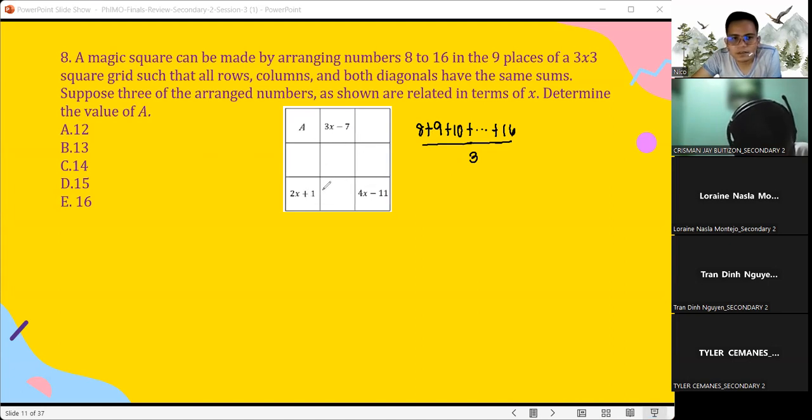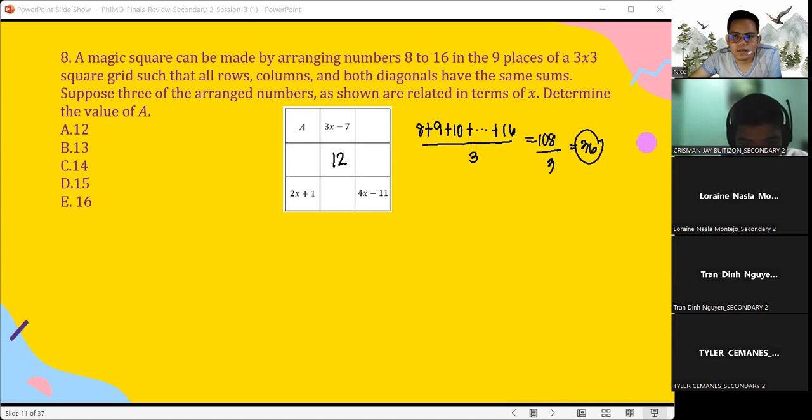So this is 108 over 3. So that's 36. So in this case, since this is 36, we can play it safe as this one is equal to 12, right?